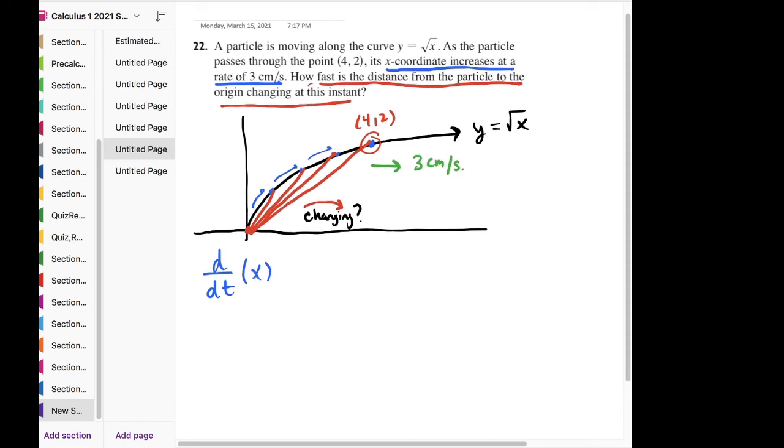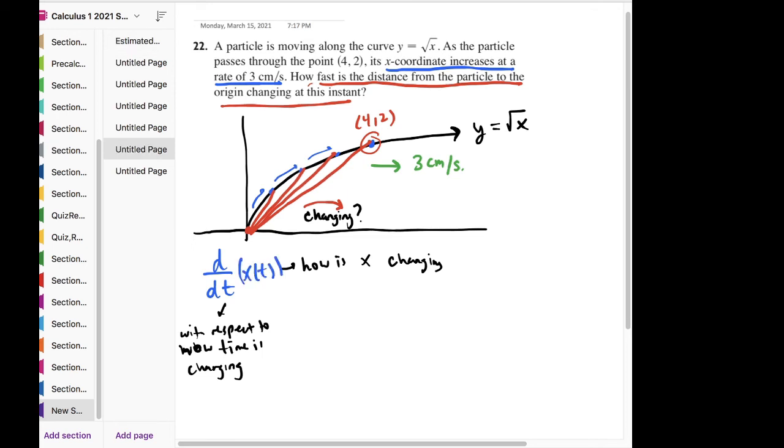X doesn't need to be the thing you take the derivative of. We're taking the derivative with respect to time. How is X changing with respect to how time is changing? So technically, X is actually a function of time.